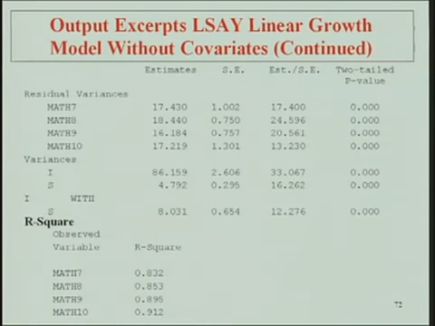But there is an unexplained part as well, namely 17, right? If you take 86 divided by 86 plus 17, you get the R squared down here. You can do that hand calculation and check that I haven't made a typo. So 83% of the variance in the observed variable math 7 comes from the variance of I.